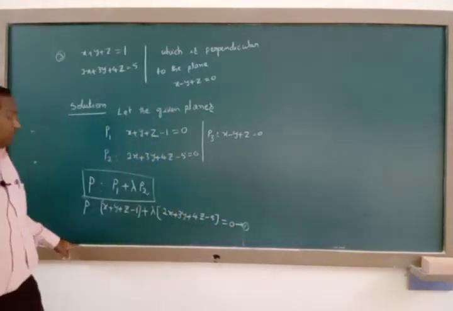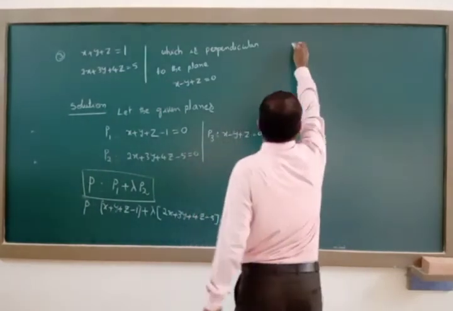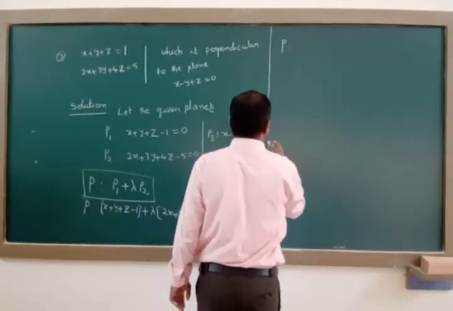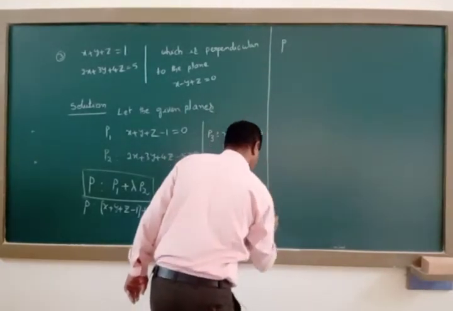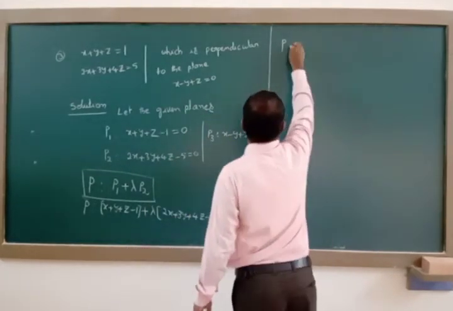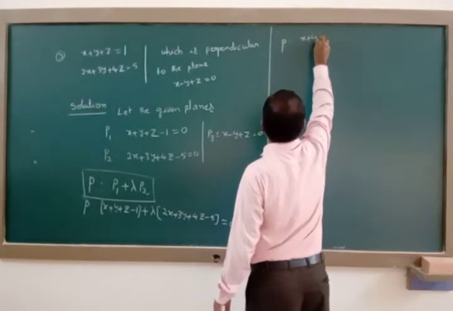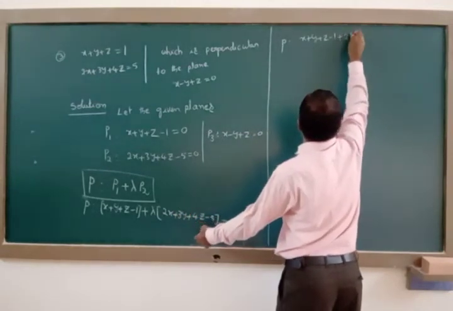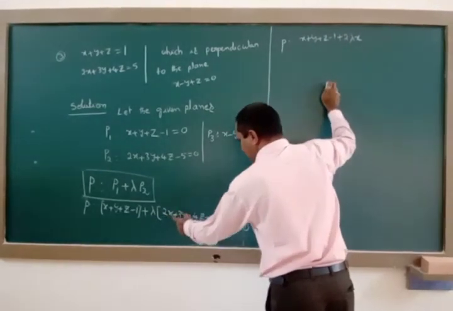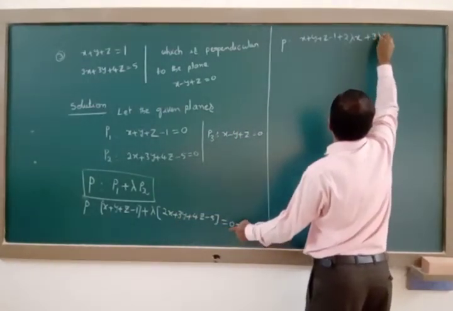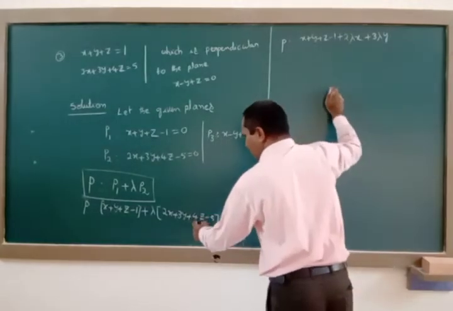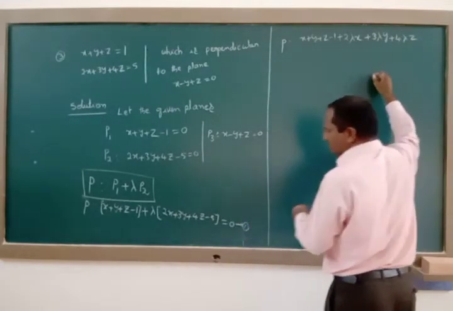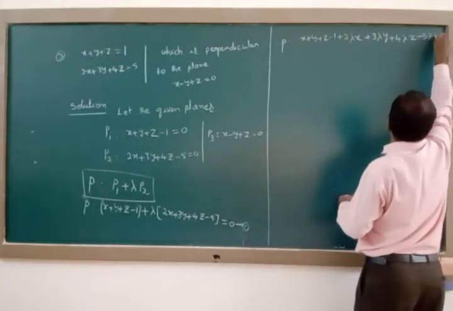At the same time, just multiply with lambda here. That is, x plus y plus z minus 1, and multiplying with lambda, 2 lambda x, next 3 lambda y, next 4 lambda z, and the last one is minus 5 lambda is equal to 0.